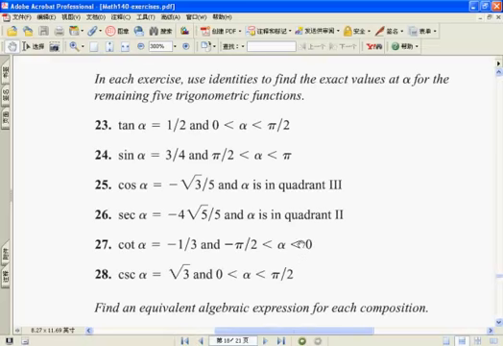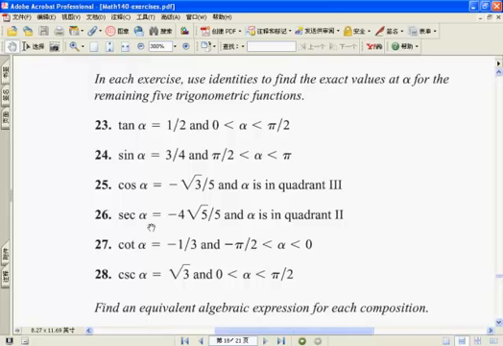Now let's look at problem 26. And in this 26, use identities to find the exact values of alpha for the remaining 5 trigonometric functions. So you need to notice exact values, okay, not approximate.